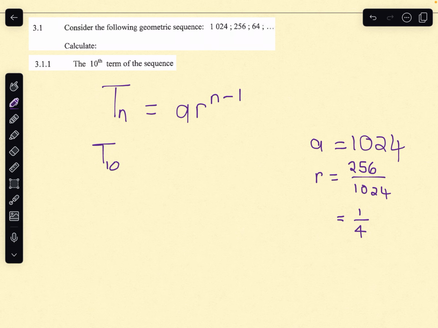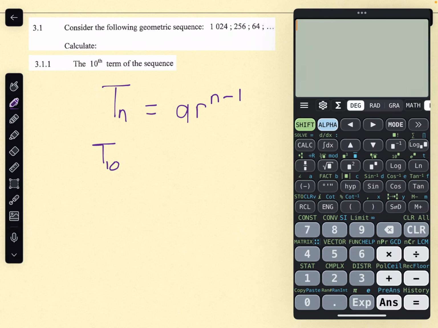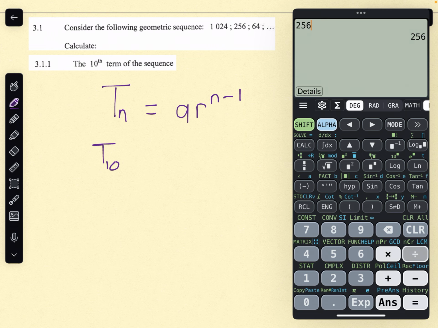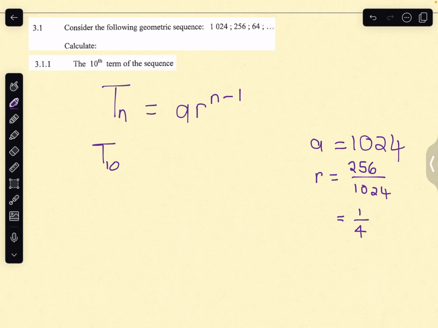Let's double check that. So r is a quarter, i.e. if I times this with a quarter, I get this term, and so on. And finally our n is 10.